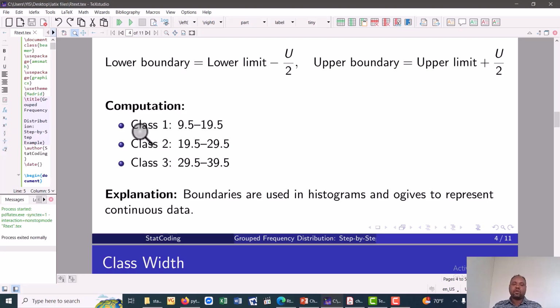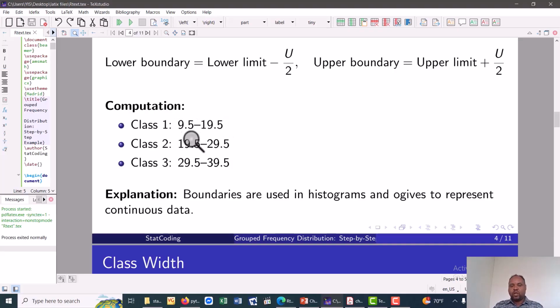For example, for class 1, by subtracting 0.5 from 10, we obtain 9.5, and we add 0.5 to 19, then we obtain 19.5. Therefore, this is the class interval in terms of class boundaries.